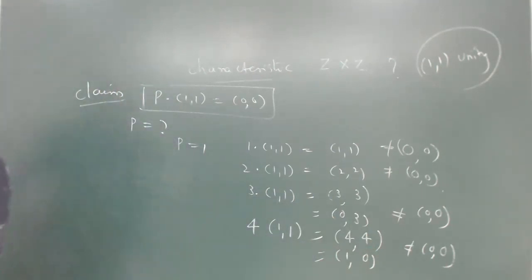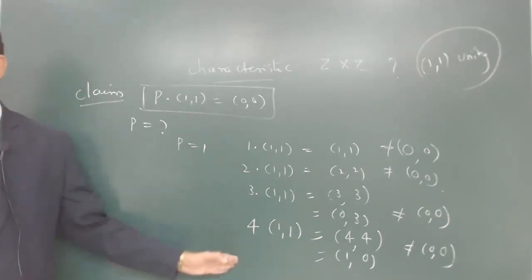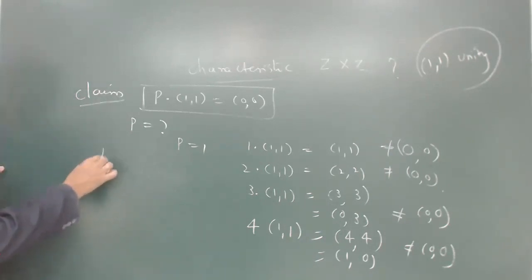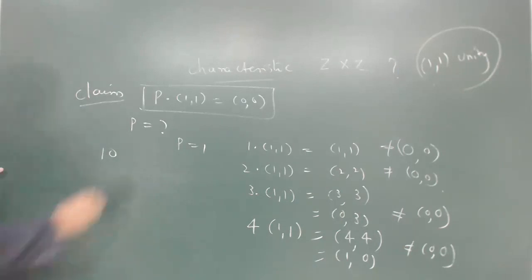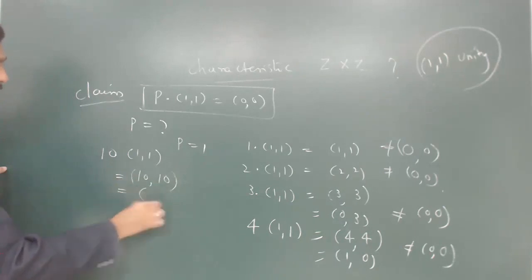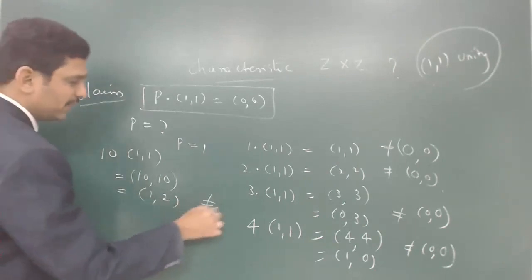Does it make sense for everyone? All of you, are you getting the idea? In this way, you keep on calculating 1, 2, 3, 4, 5, 6, and so on. Let us take 10. 10 times (1, 1) is (10, 10), and applying the moduli it is (1, 2), so not equal to the 0 element.